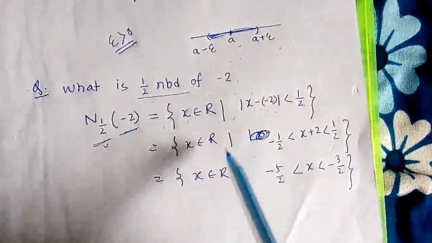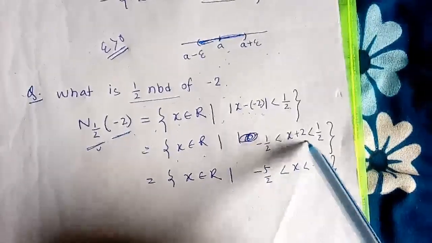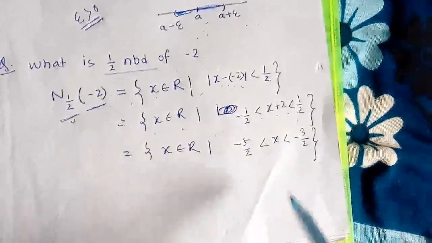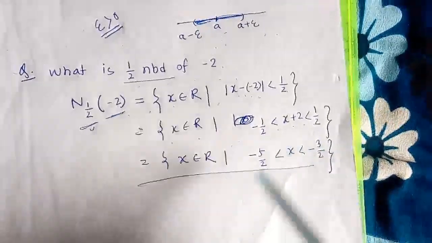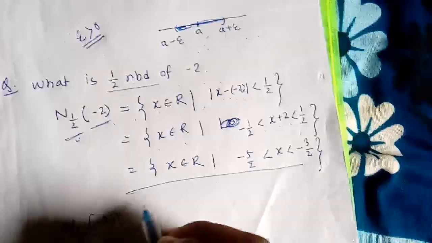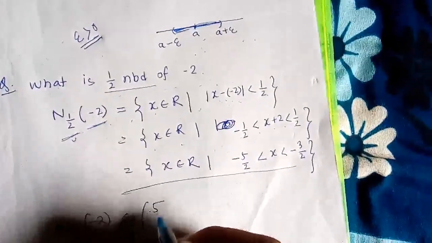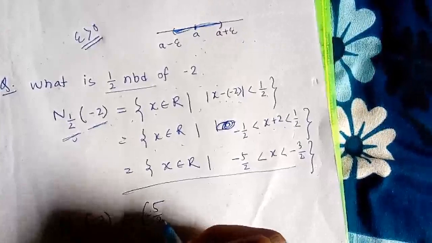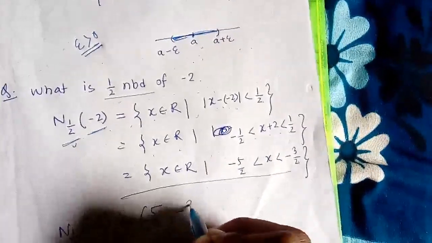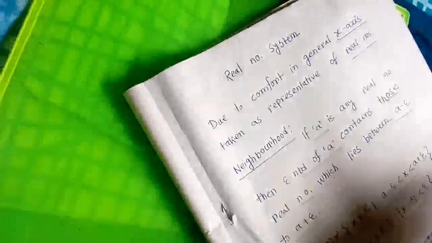That is, minus half less than x plus 2 less than half. If we put in the values, we find that N half of minus 2 is the open interval minus 5 by 2 comma minus 3 by 2. That is the epsilon neighborhood. This is the concept of neighborhood.